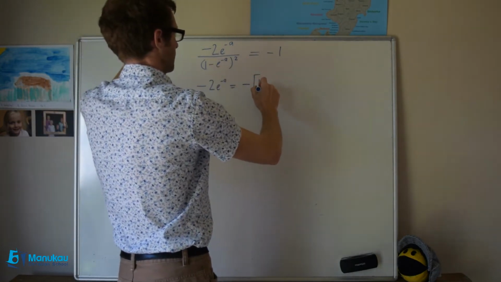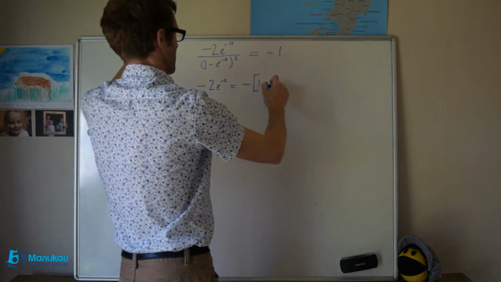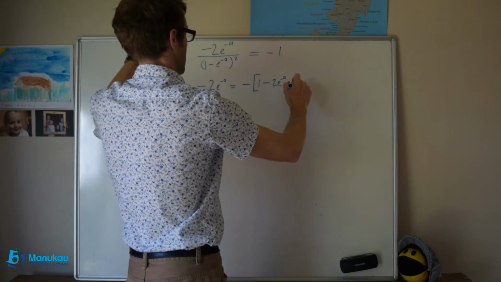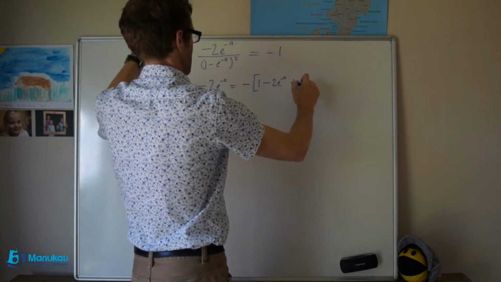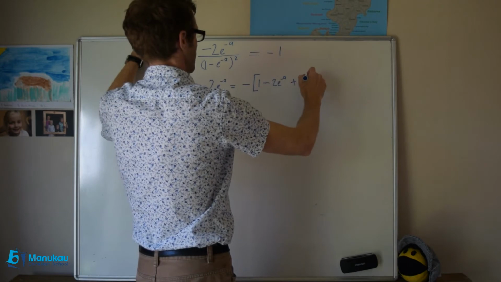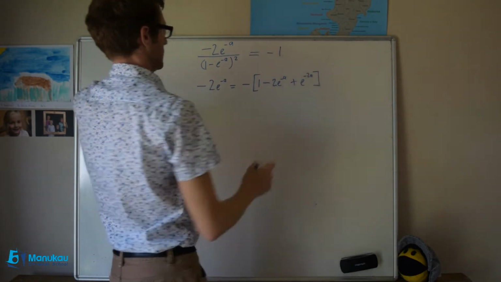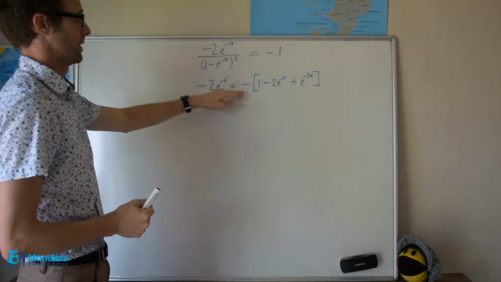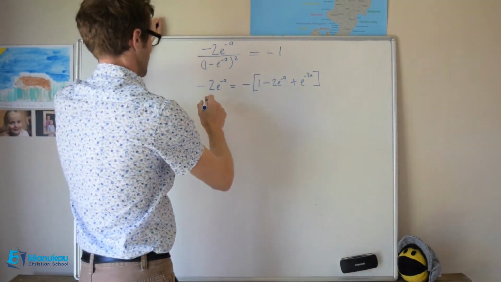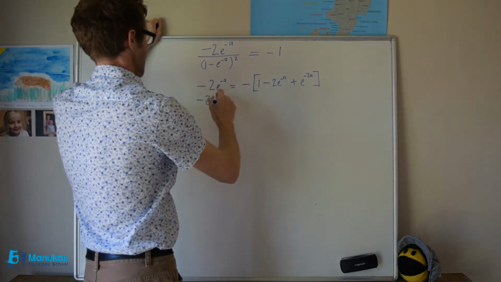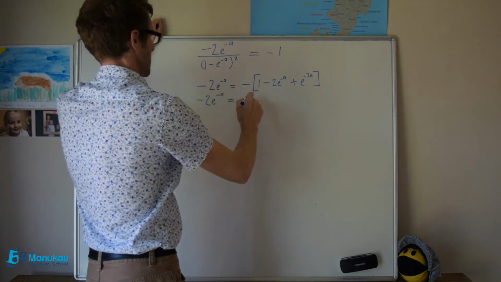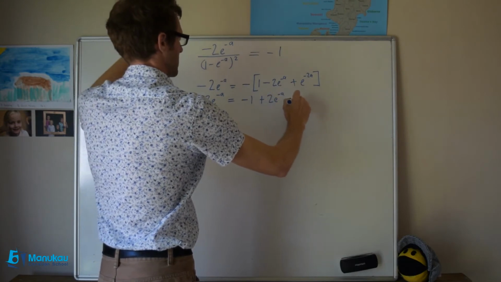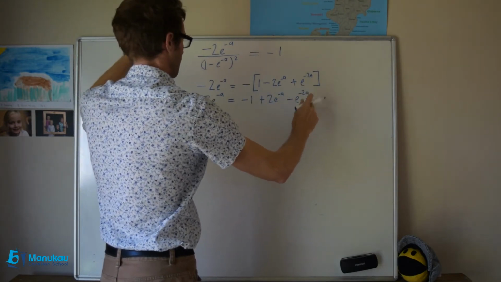It will be 1 minus 2e to the power of minus a plus e to the power of negative 2a. Hope you can see why that is, using FOIL with this bracket, and then we're going to multiply everything out by minus 1. So now our next line will be negative 1 plus 2e to the minus a minus e to the minus 2a.